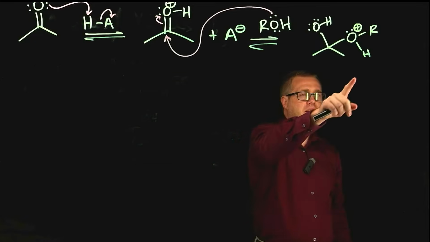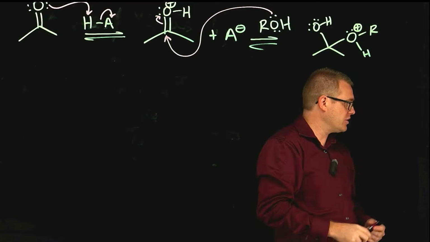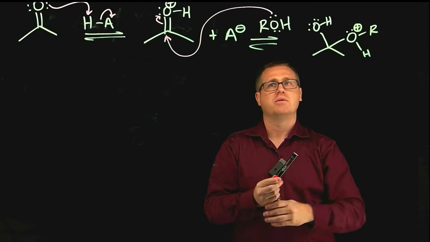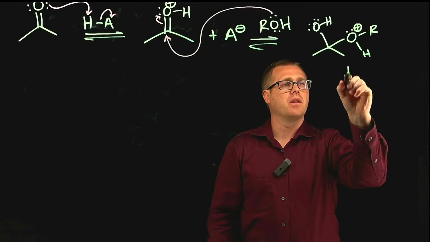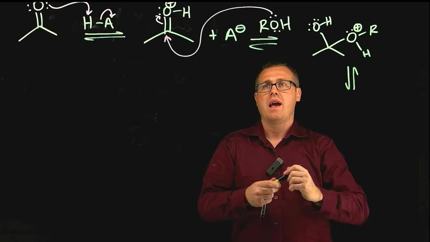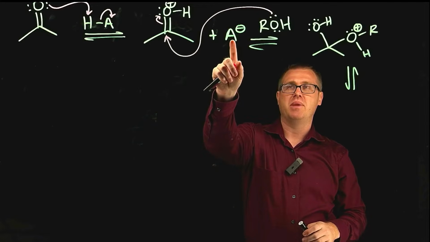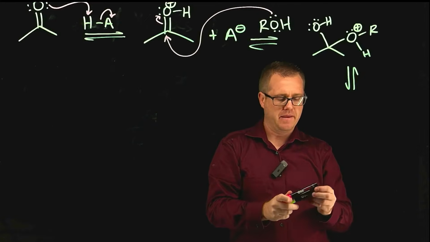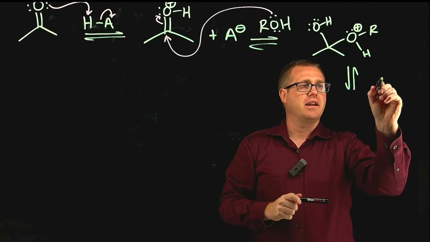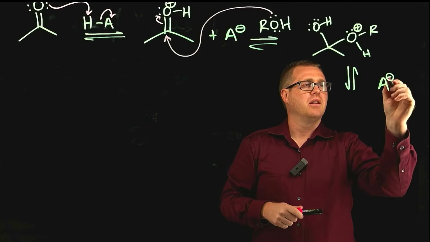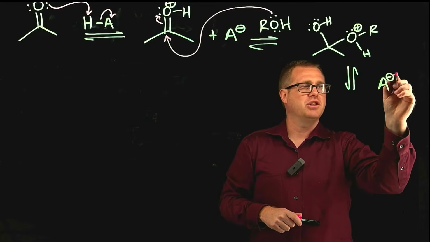So now we have to do a proton transfer. Let's use this one. And we generated a base right here, right? The conjugate base. So I'm going to take that conjugate base right there, and it's negatively charged.